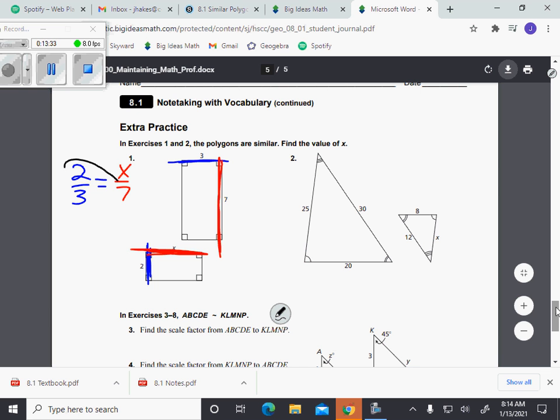You multiply, you should get 14 equals 3x. Divide by 3, you'll get x is equal to 14 thirds. And I'm okay if you leave it as an improper fraction.